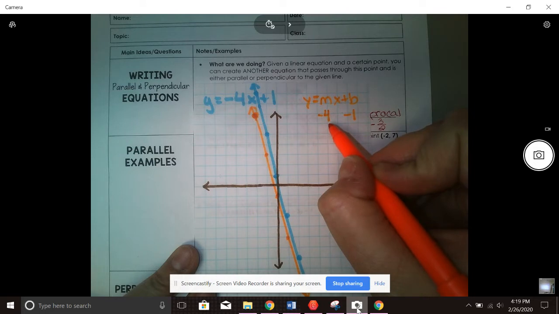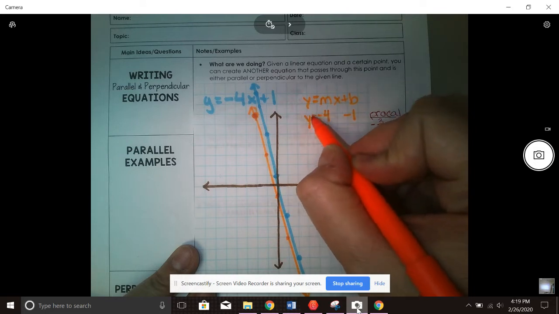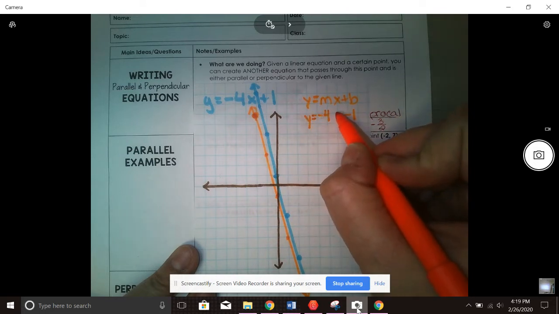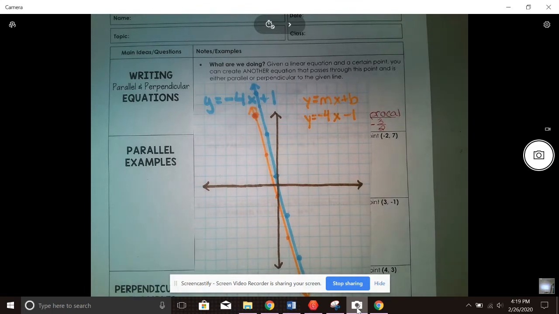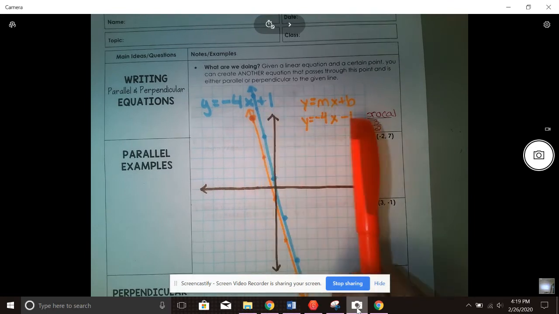So that will go in the m position. So the equation of my line is y equals negative 4x minus 1. Now the blue line and the orange line are parallel to each other. One has a y-intercept of positive 1 and one has a y-intercept of negative 1.